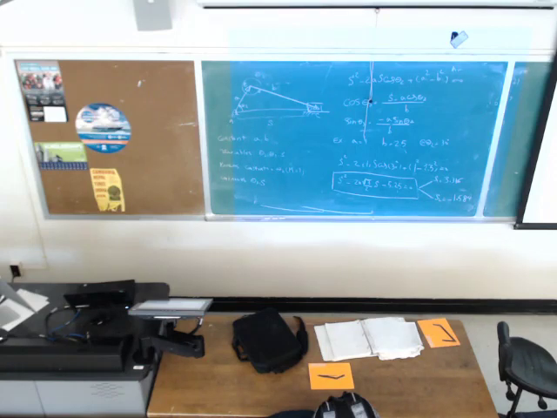For the sine equation, if you use your calculator, you will get negative 11.34, and the other one is 180 minus negative 11.34, which is plus 191.34 degrees.